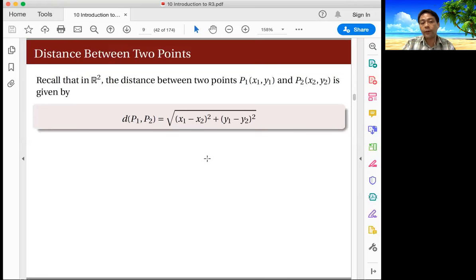Now, if we are in three-dimensional space, then we just do the natural extension of this distance formula to include the third component z.